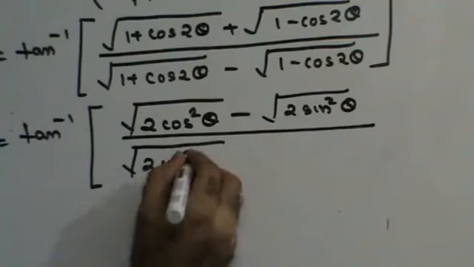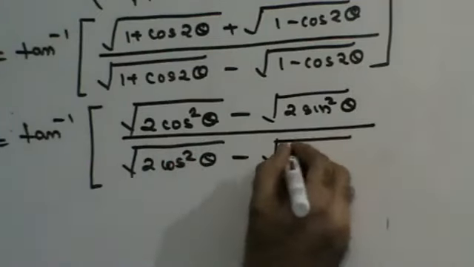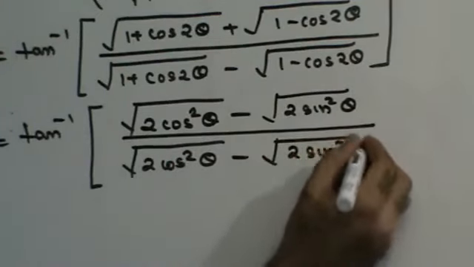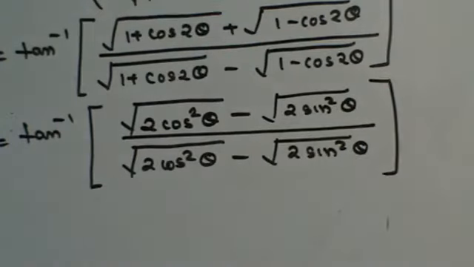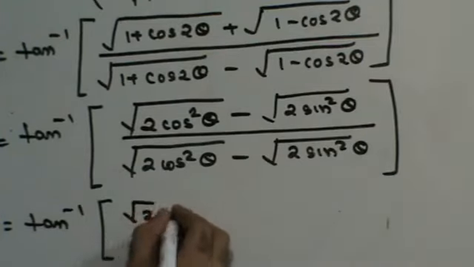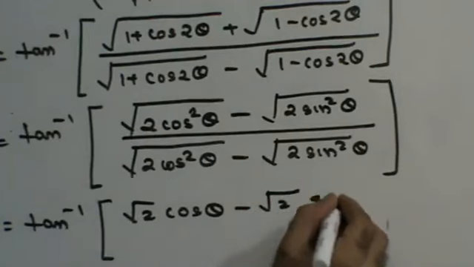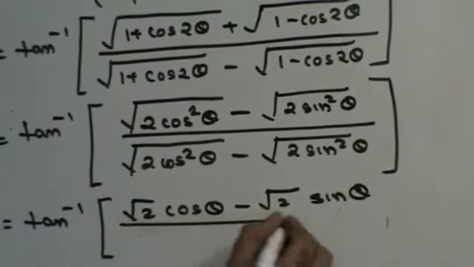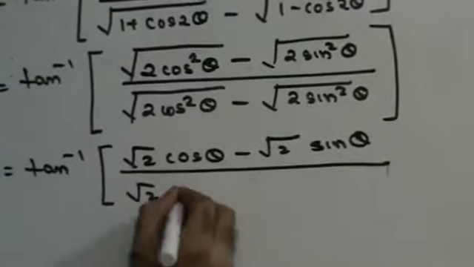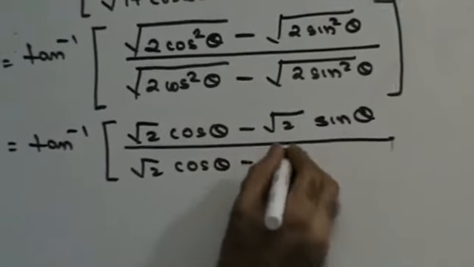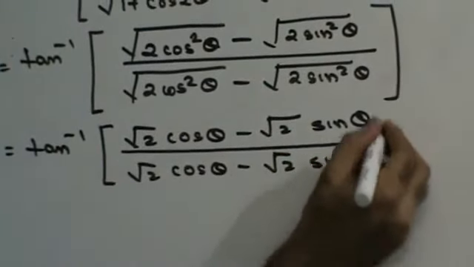So 2 cos square theta, 2 sin square theta. Square and root get cancelled, so this will be tan inverse of root 2 cos theta plus root 2 sin theta upon root 2 cos theta minus root 2 sin theta.